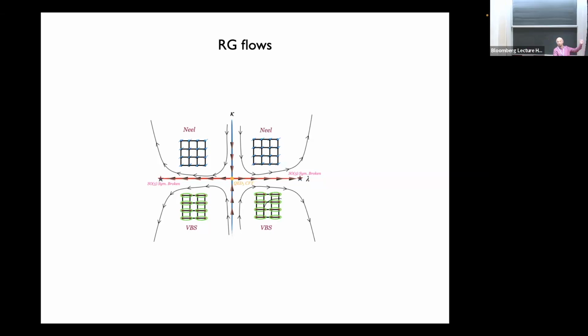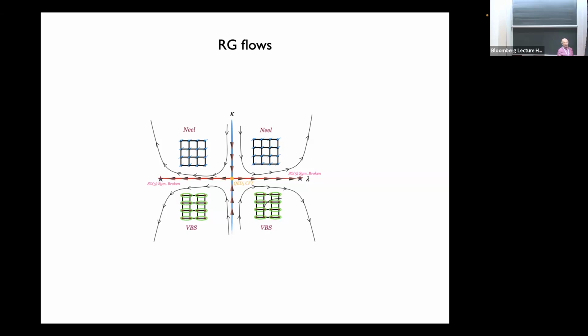And in principle, I should have even more, and merge into SO6, right? No, the SO6 is already broken by this kappa. But it's irrelevant, so the field theory here has SO3 cross SO2. The fixed point has higher symmetry, which is SO6. I guess that's what I'm saying. Yeah, I agree with that, of course.